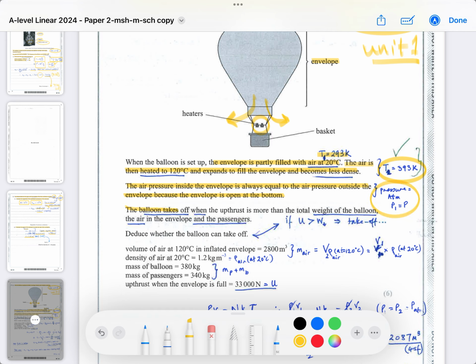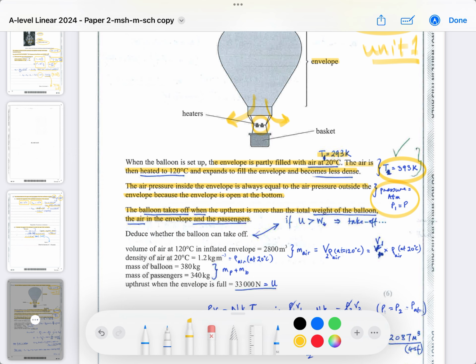The balloon takes off when the upthrust is more than the total weight of the balloon. In other words, when you've heated it up so the density becomes lower, it will rise. The weight includes the balloon, the air in the envelope, the passengers, and the basket as well.